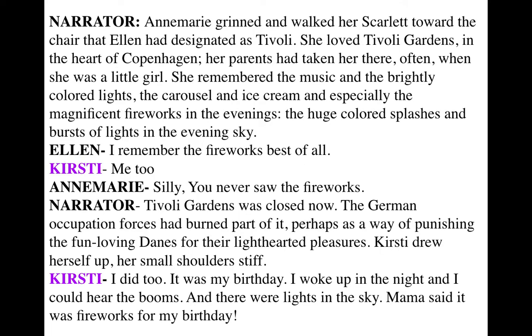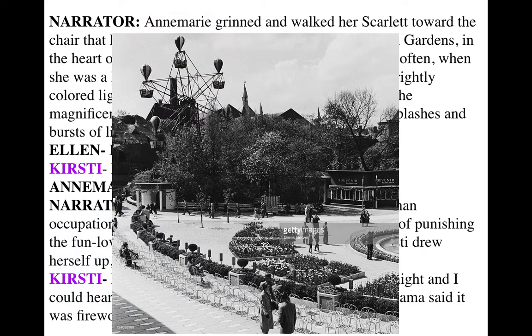Very good. I'm wondering if you can tell there were 2 historical events that the story alludes to, the story references. So, what happened to Tivoli? It's kind of like the Danish version of Disney World.